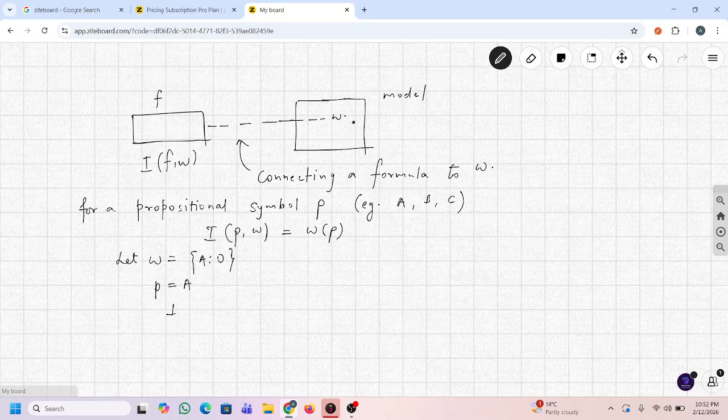So, now if I evaluate I of p comma w, that means I of a comma w, where a is assigned the value of 0. So, this will be equal to 0 because the value of a is given to be 0.